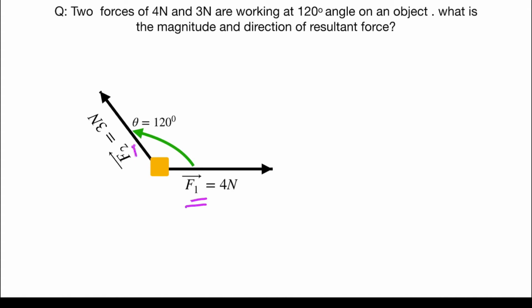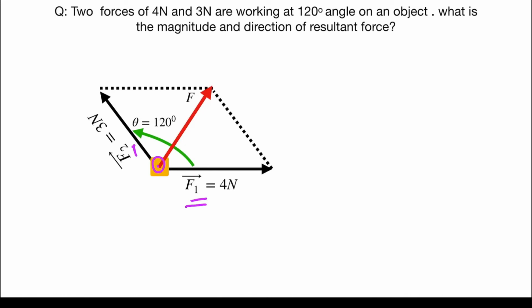So here we can use the parallelogram law of vector addition to find out the resultant force on this object. We can complete the parallelogram by drawing parallel lines to these vectors, and then the resultant force is given by the diagonal, which starts from the common point of these forces, and it's given by F here.